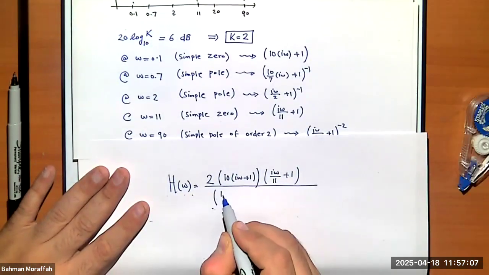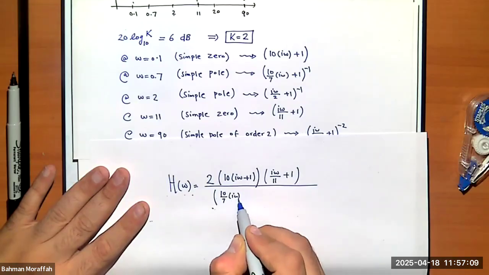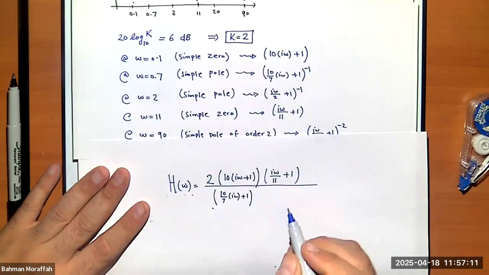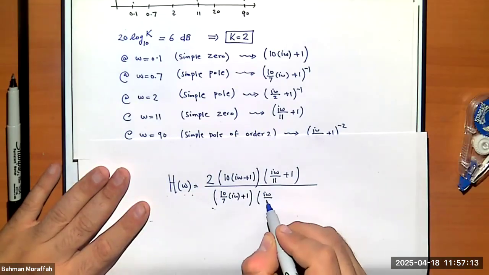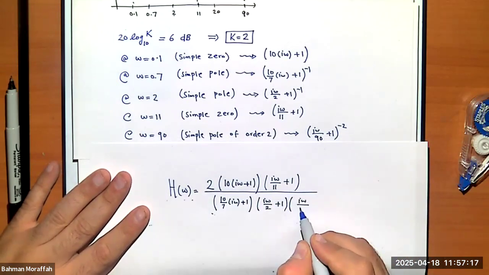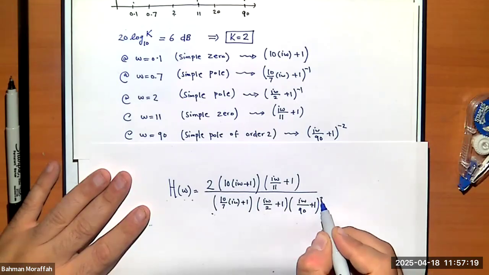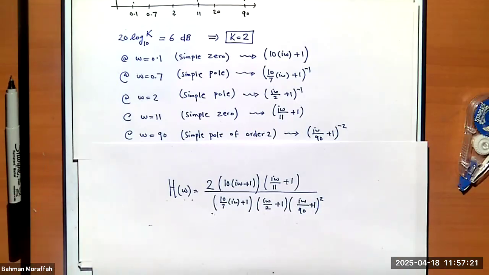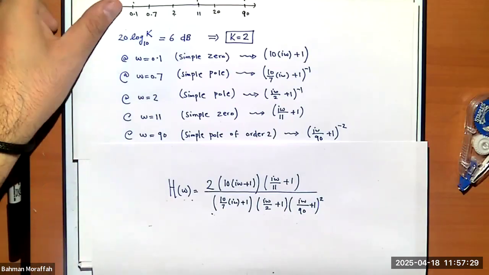I have 10 over 7 I omega plus 1, I omega over 2 plus 1, and the last one, I omega over 90 plus 1 squared. So it's very easy. I only need to determine where the zeros and poles are, right?